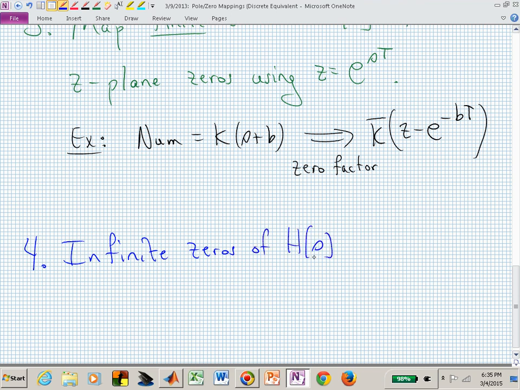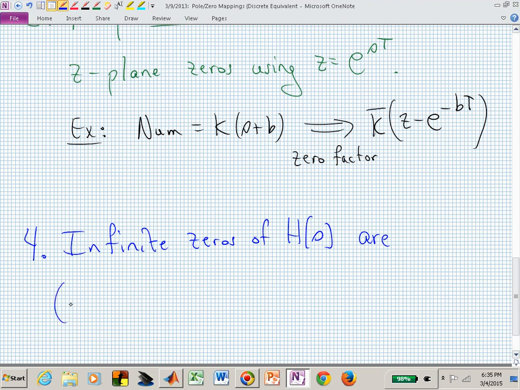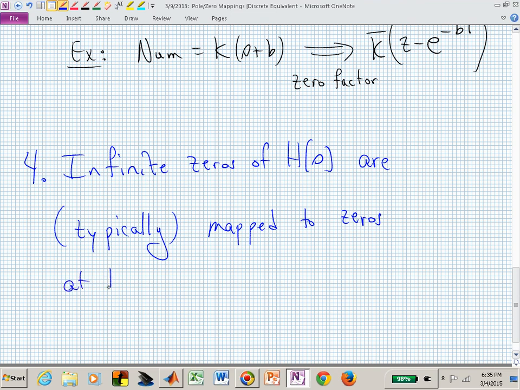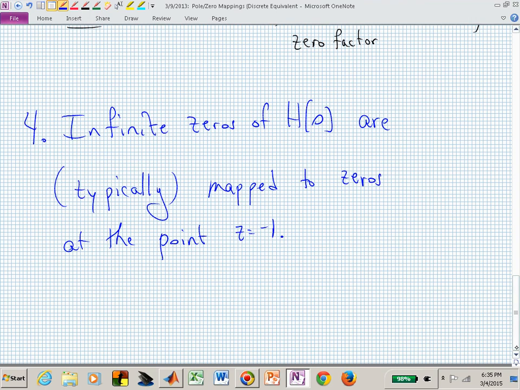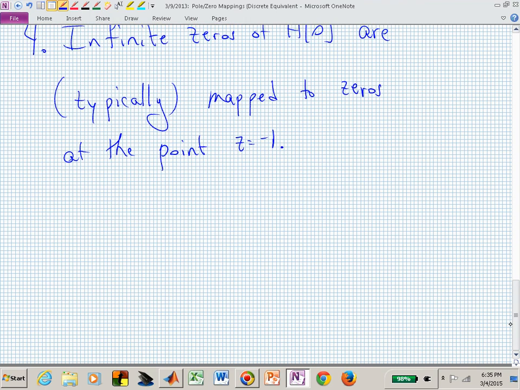Infinite zeros of H of s, and let me just say this parenthetically, are typically mapped to zeros at the point in the z-plane, z equal to -1. That's sort of this little twist on this pole-zero mapping.